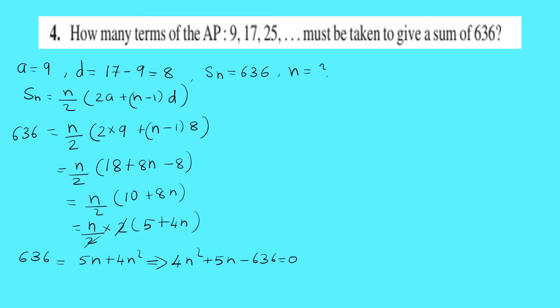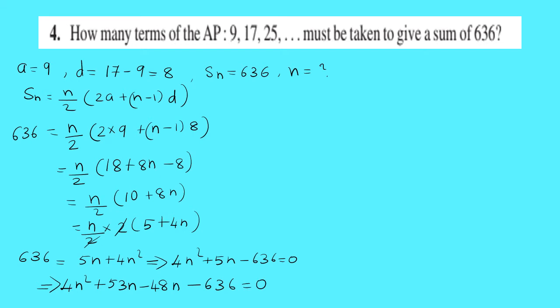That is, you are getting the two numbers as 53 and minus 48. So you can rewrite the given expression as 4n square plus 53n minus 48n minus 636 equal to 0.